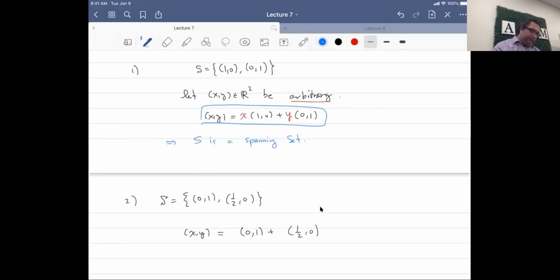Since (0, 1) and (1/2, 0) have coordinates only in the x direction and y direction, it's easy to solve that system. Actually, there's a unique solution, a unique way of writing that.